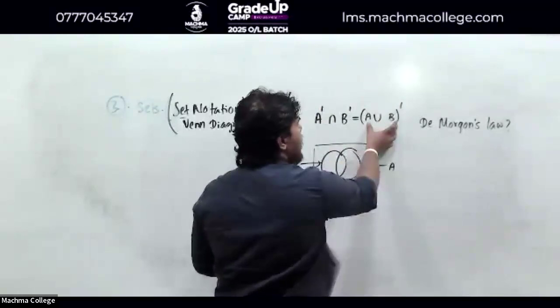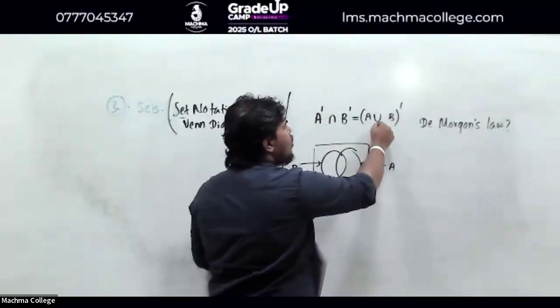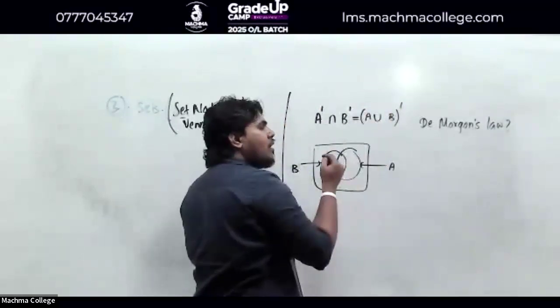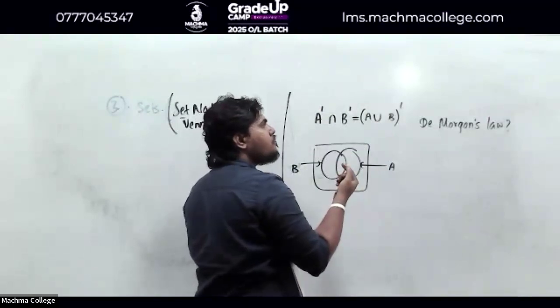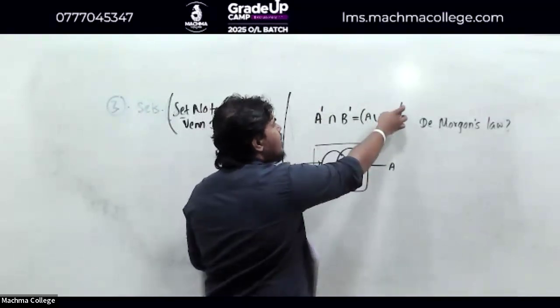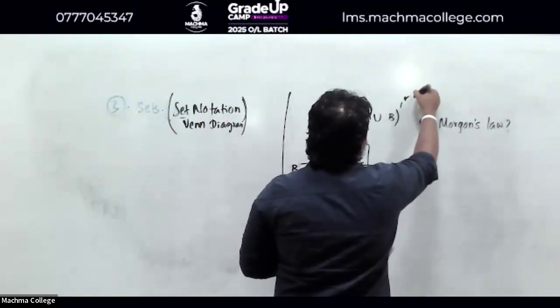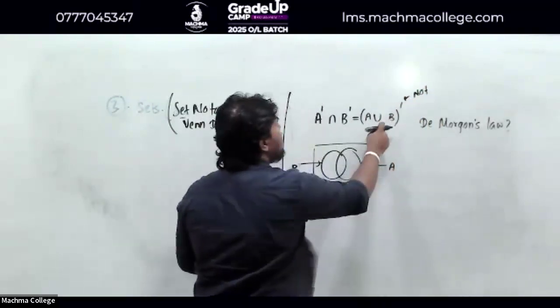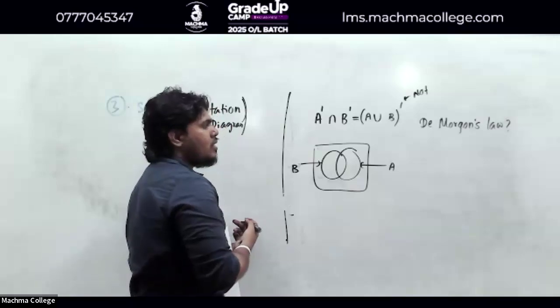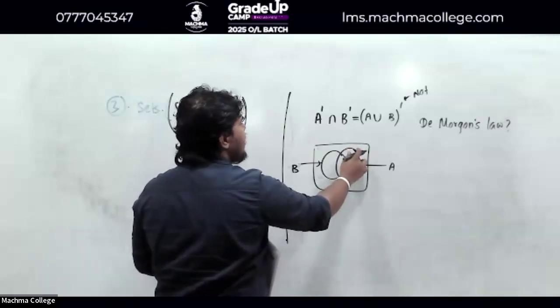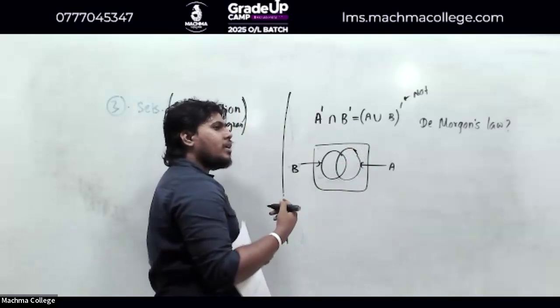Now, what is this? They say that A union B is complement. Now, what's the idea of complement? Complement means not A union B region. Now you know what is union.